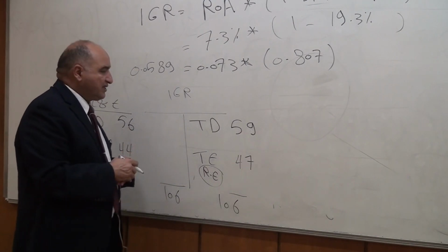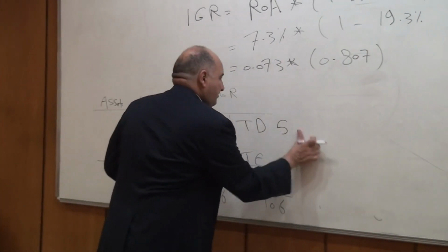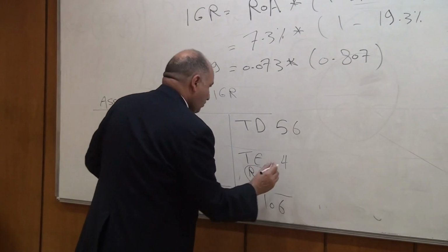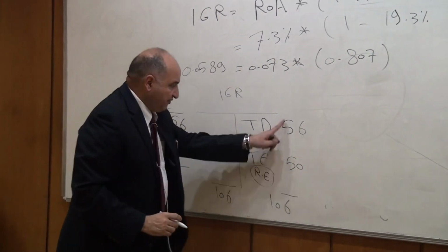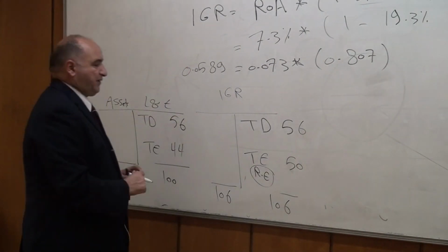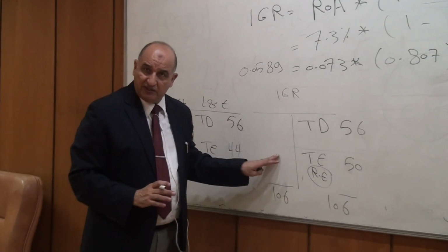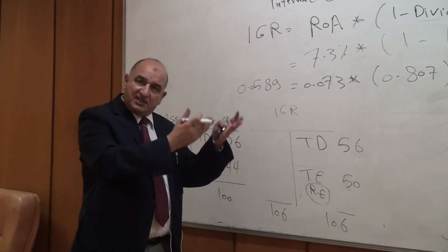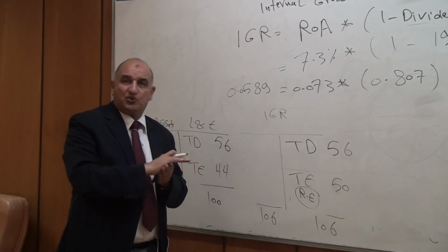So this is 56, and this one will be 50. 44 plus 6 will be 50, so the summation is 106. This is the situation of the balance sheet next year without using any external sources.